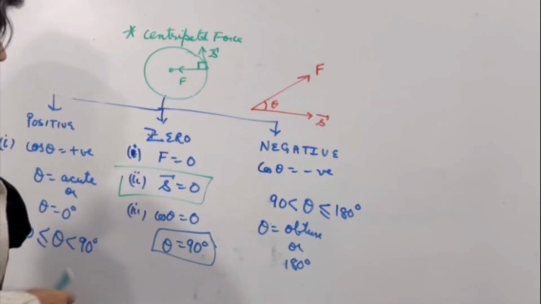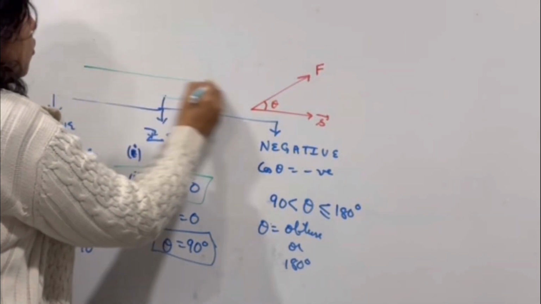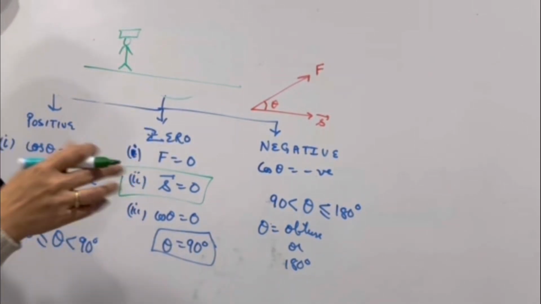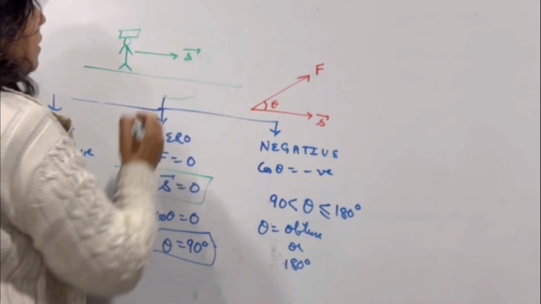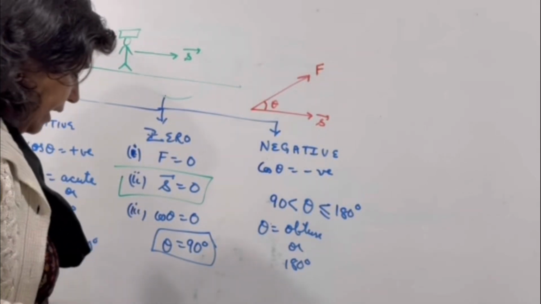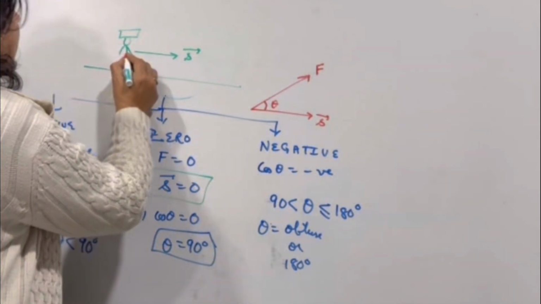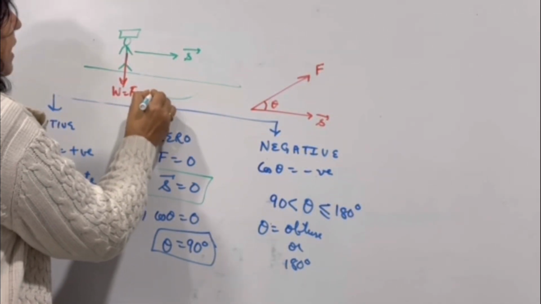This is one example. Second example: if a person with a load on his head or a load in his hand is moving in the horizontal direction, then what is the work done by gravitational force? Now what is gravitational force? That is the weight. Weight is gravitational force, that is mg.